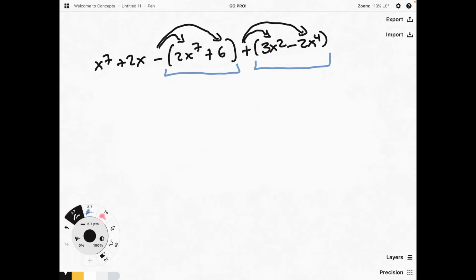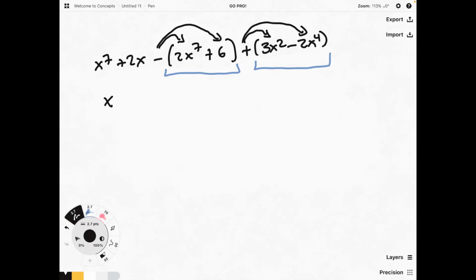I will link a video in the description below on the distributive property to give you more information. However, you typically see it with multiplying polynomials, but the concept is still the same. Essentially, you're taking the number out in front and multiplying it to every single part within that quantity. And so that's what we're going to do as our first step.